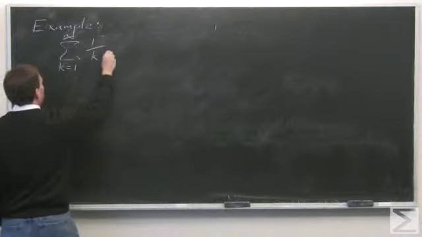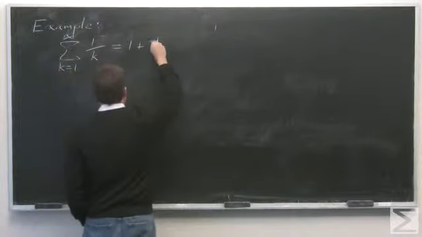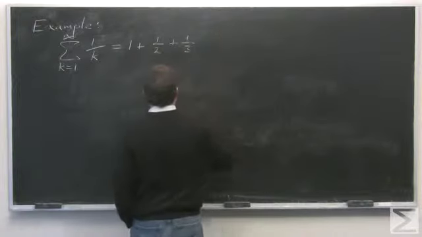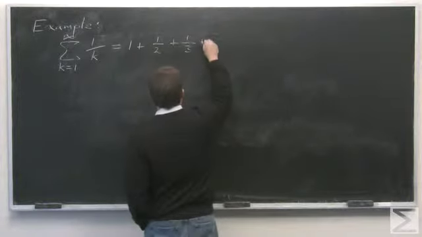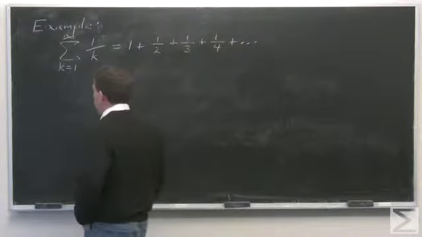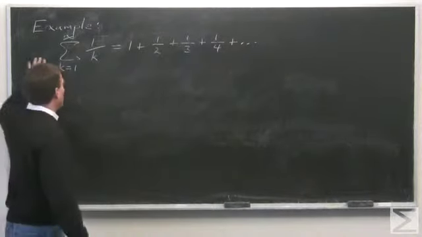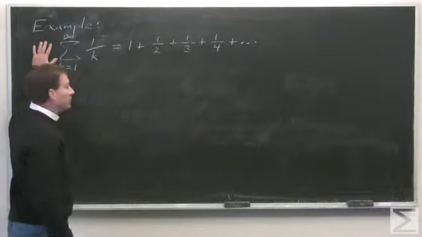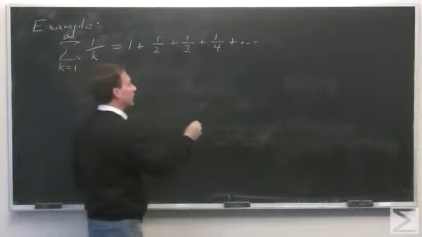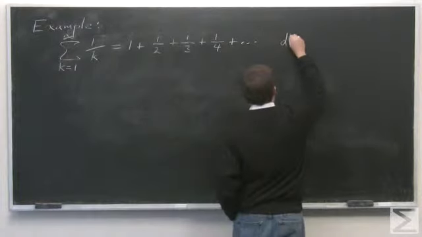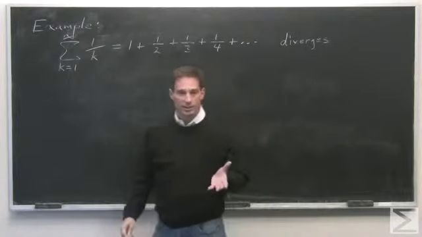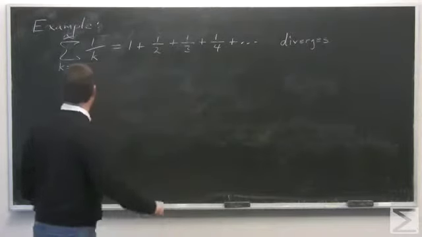We showed it, but we used a very special argument where we group things and compared with 1 over powers of 2. But now it's easy from the integral test. It's the harmonic series, we know it diverges. But I just want to show you how easy it is to conclude that from the integral test.